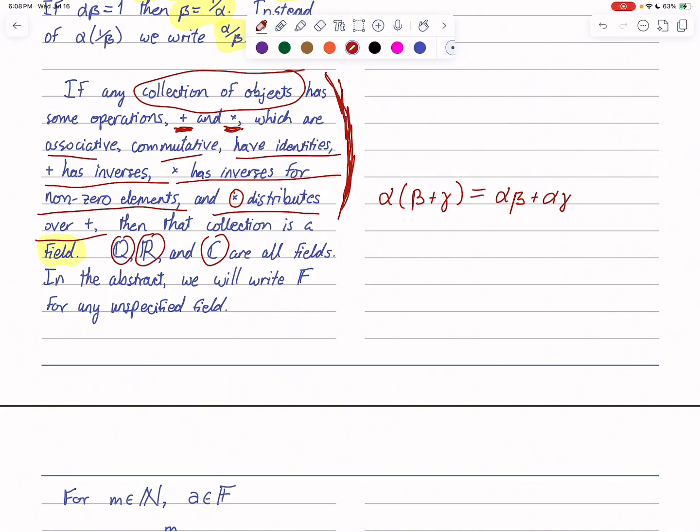It's worth knowing that, for instance, the 2x2 matrices, let's think of some examples which are not fields. It's always nice to see examples, but it's also always nice to see non-examples to know where the boundary is for things that are and are not fields. So let's take the set of all 2x2 matrices. This is not a field.